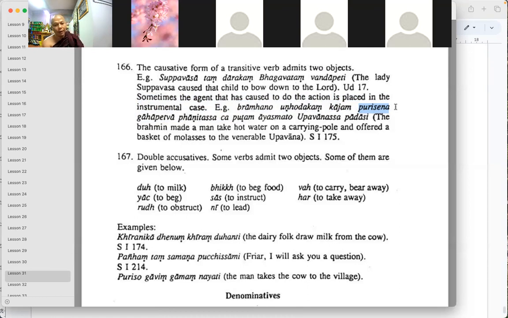The Brahmin made a man take hot water on a carrying pole and offer a basket of molasses to the venerable Upavāna. In this way it can be seen.